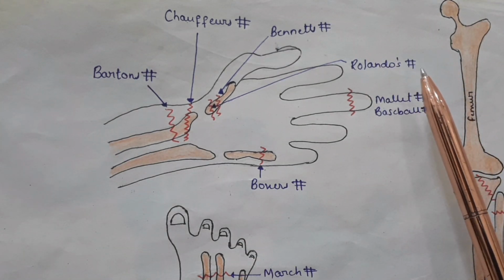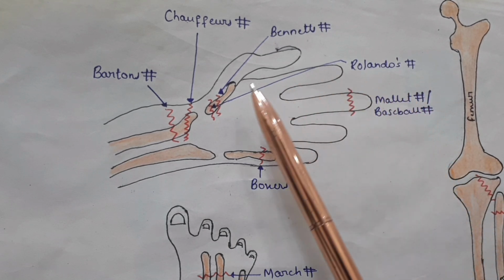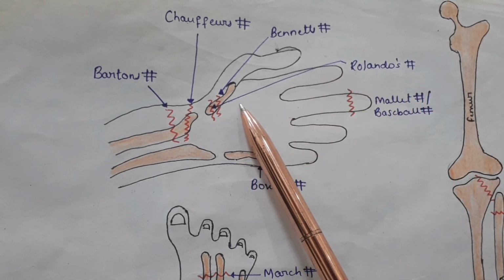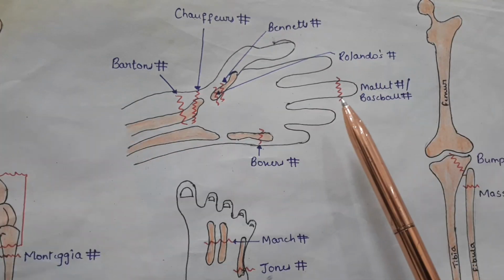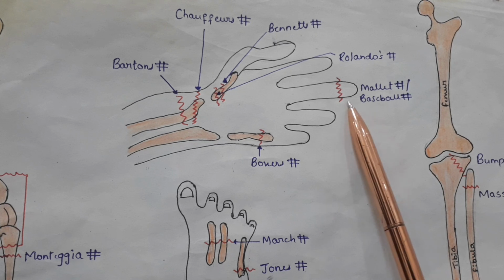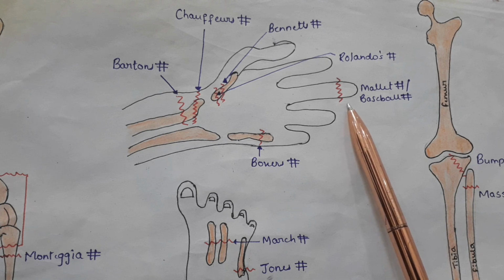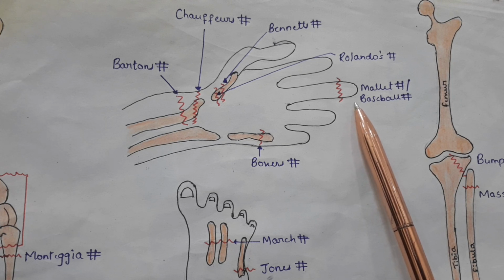Rolando's fracture is an extra-articular fracture of the base of the first metacarpal bone. Mallet's fracture or mallet finger, also called the baseball fracture, is wherein the finger is flexed at the distal interphalangeal joint due to avulsion or rupture of the extensor tendon at the base of the distal phalanx.